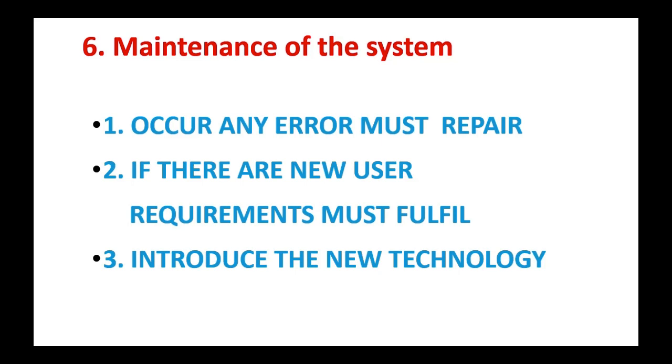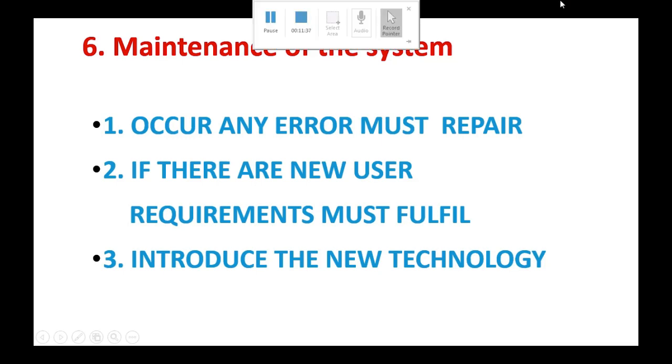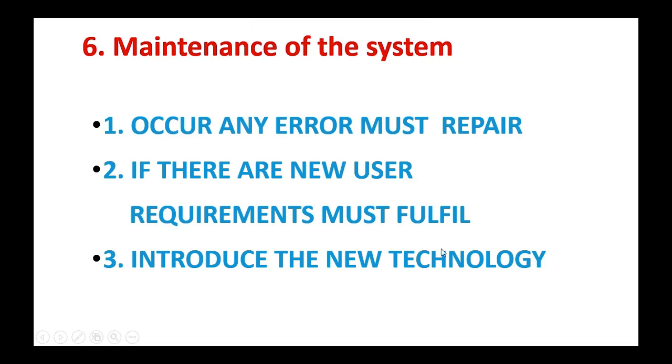If there are new user requirements to fulfill, that means if the user needs more advanced technology or an upgrade of the system that we built, then we have to do that. That is upgrading the system. Introduce new technology. Yes, technology always changes, so we have to introduce new technology if there is. So these are the maintenance of the system.